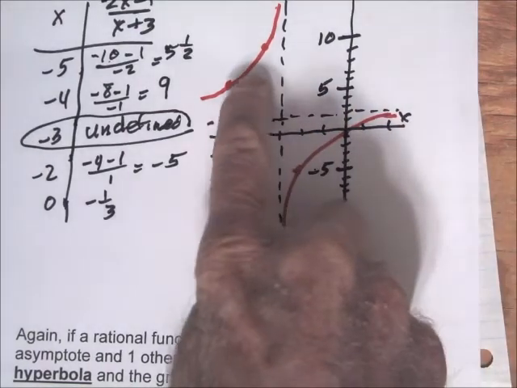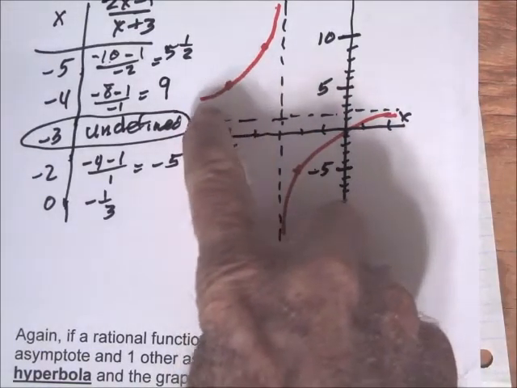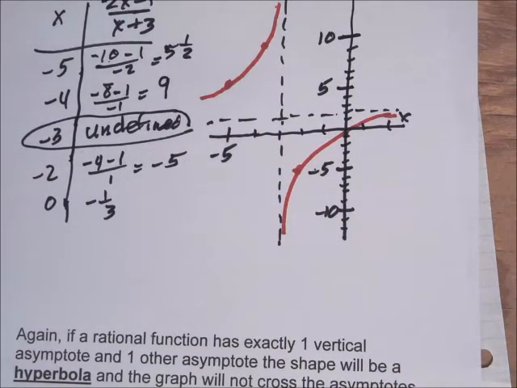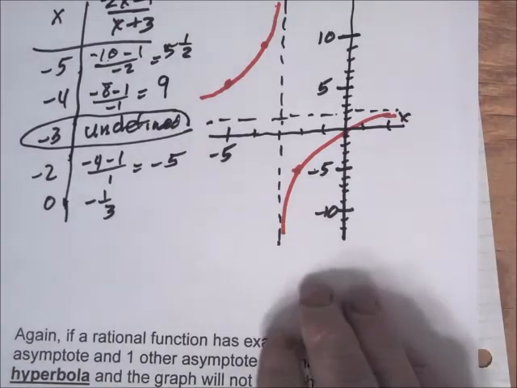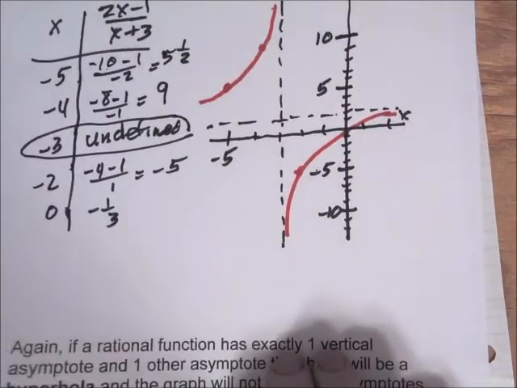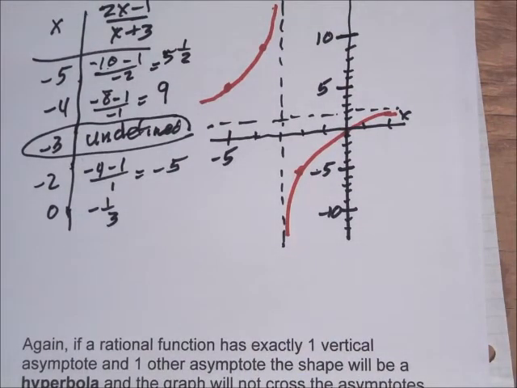As x goes to minus infinity, f of x also approaches positive 2. So anyway, we'll talk more about limits next week. But these hyperbolas really nicely illustrate the idea of limits.